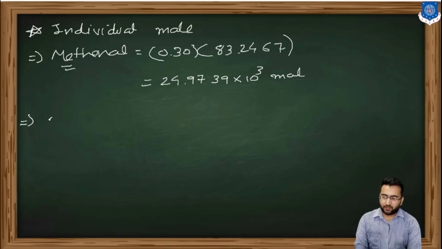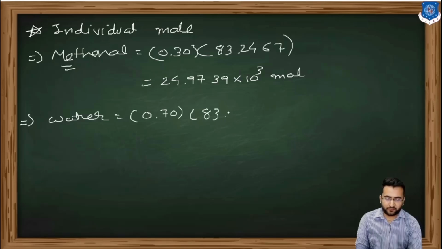Now let's calculate for the water. So how much mole is required to make 2 meter cube of solution? The mole fraction of water is 0.70 multiplied by the total number of mole of solution, which is 83.2467.